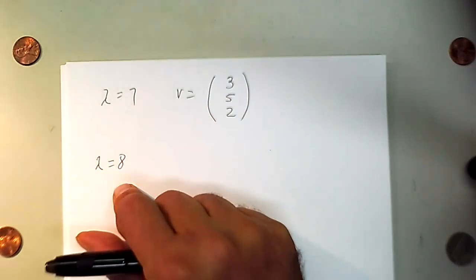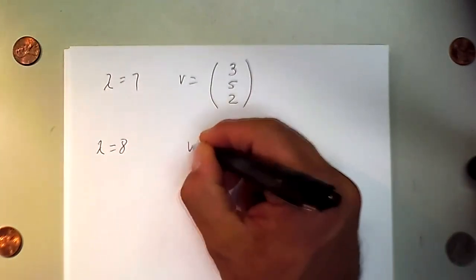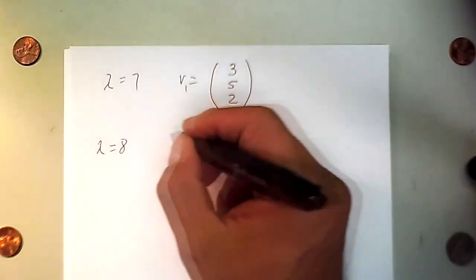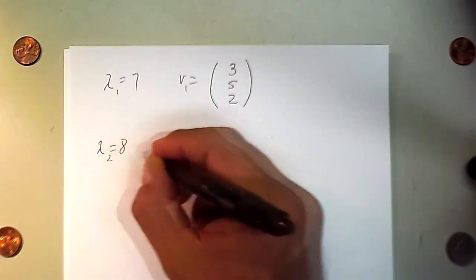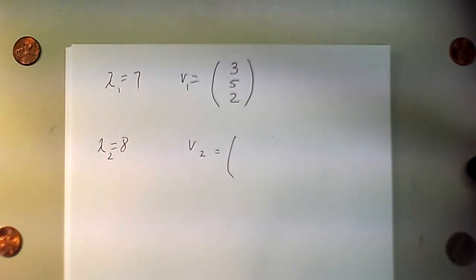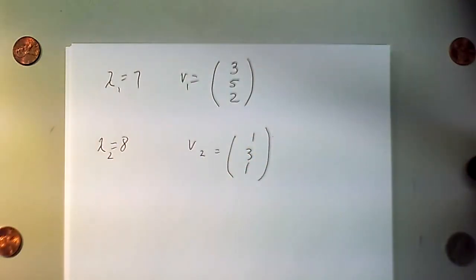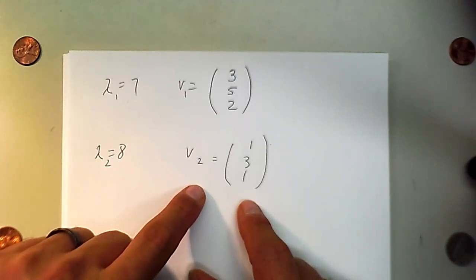Through the same process, we should obtain an eigenvector corresponding, so we can label this as lambda 1, V1, lambda 2, V2. I'm not going to go through the whole process again, even though I did skip some of it. But 1, 3, 1, 3, 1 is an eigenvector. Now, you can easily double check.